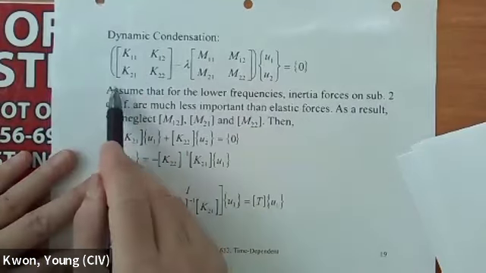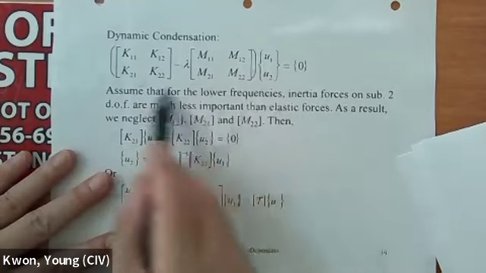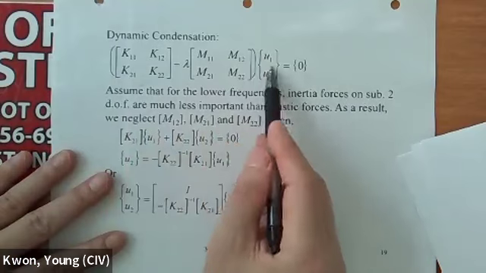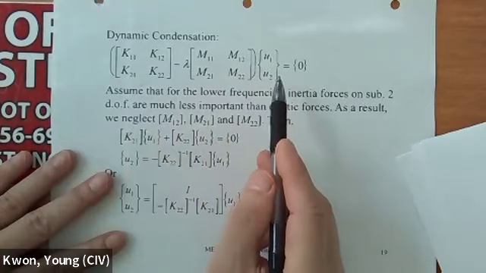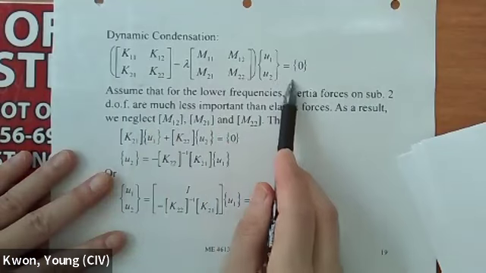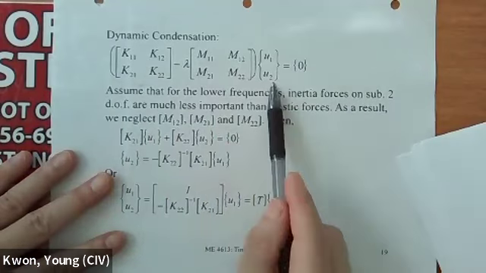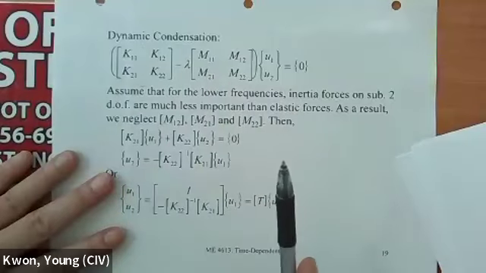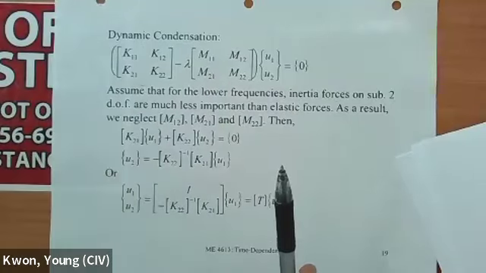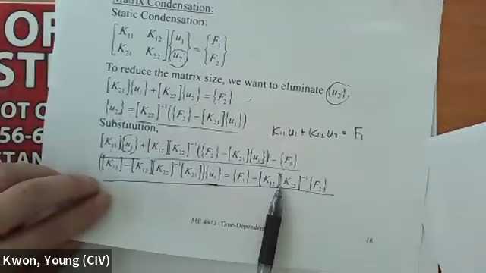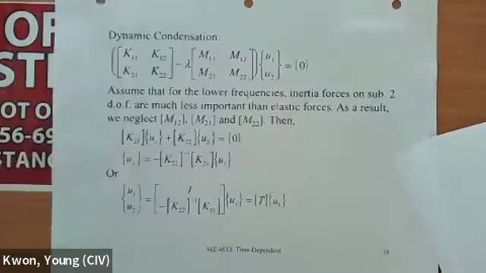Dynamic condensation: this is the standard matrix partition, with sub-matrices associated with U1 and U2. There is no exact condensation for the dynamic case. In the static case, the condensation is exact, with no approximation; that equation and this equation give exactly the same answer.